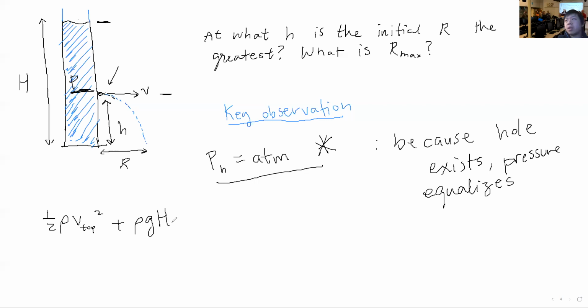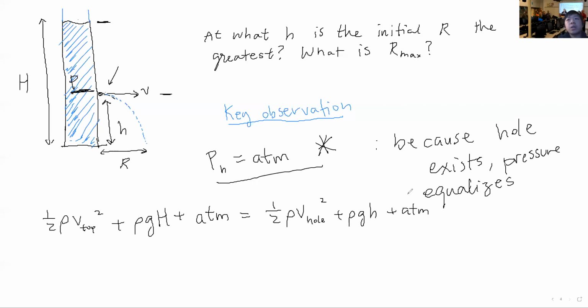Because we're taking the top of the container, plus the pressure here, which is ATM. The pressure at the top is going to be ATM. This is going to be equal to half rho v at the hole squared plus rho g small h plus ATM again, right? Because of our observation.